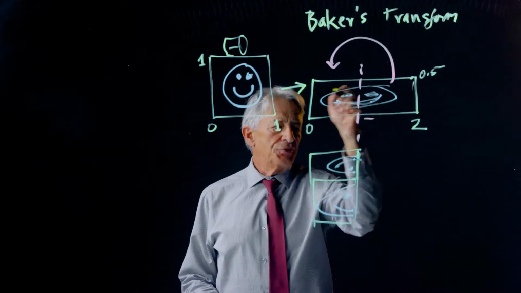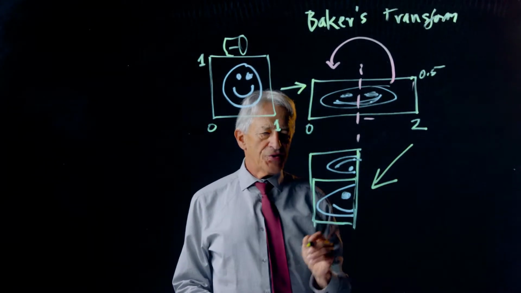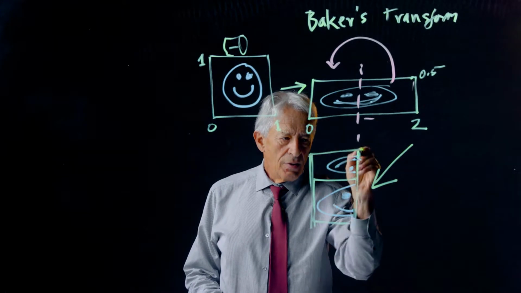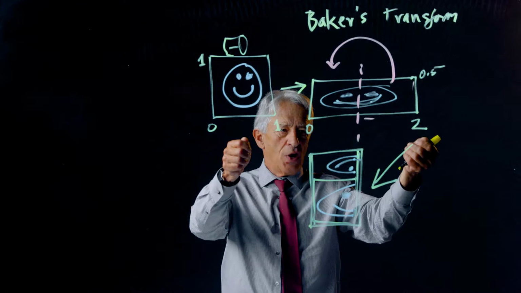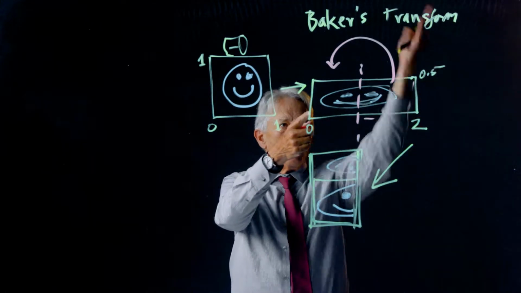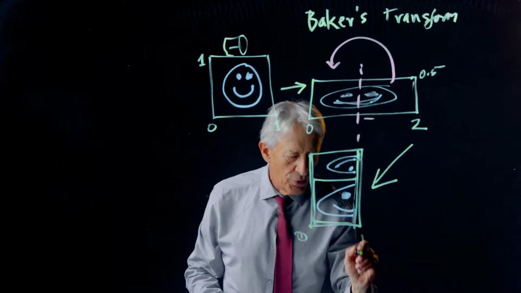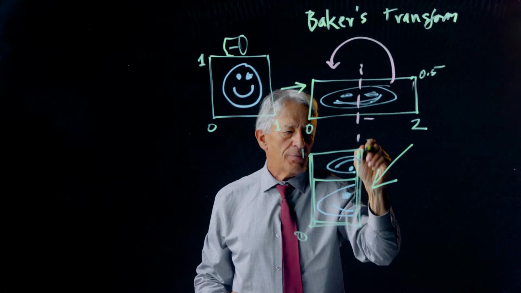So this to this to this, that's not drawn very well, but this was twice as wide and half as high, and when we took that back, we now once again have the unit square.